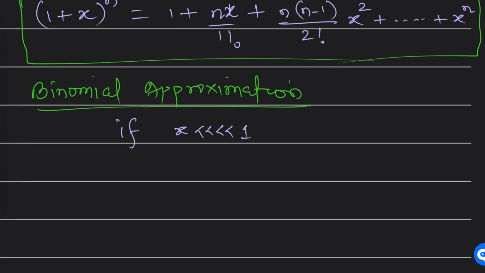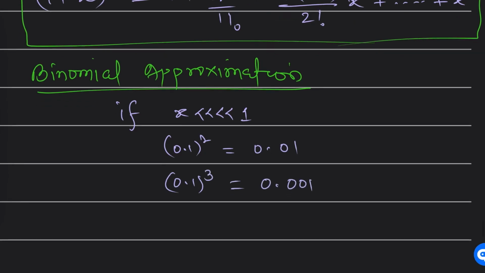Okay, let me write the above equation. Sir, if I am saying x is very much less than 1, can we say like this? 0.1 whole square is how much, sir? 0.01. 0.1 whole cube is how much, sir? 0.001. This means if I am increasing the power over a number which is less than 1, the number is further decreasing, sir.